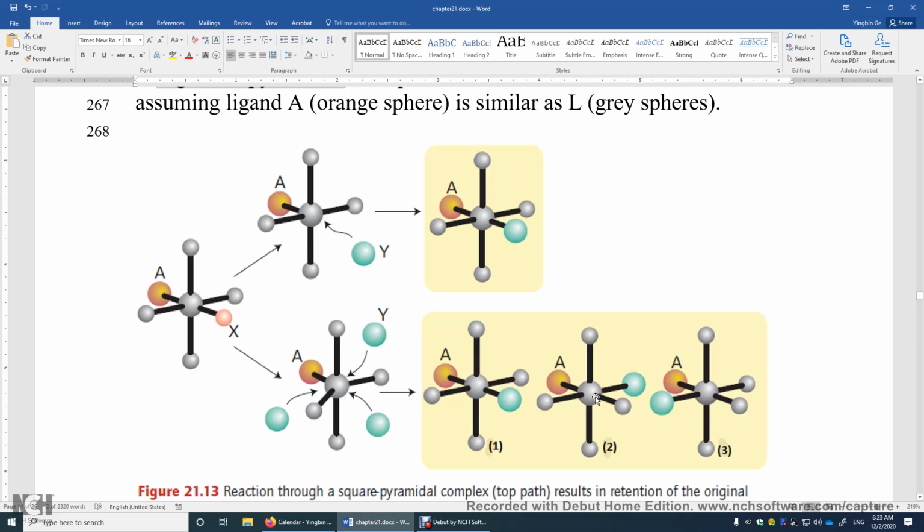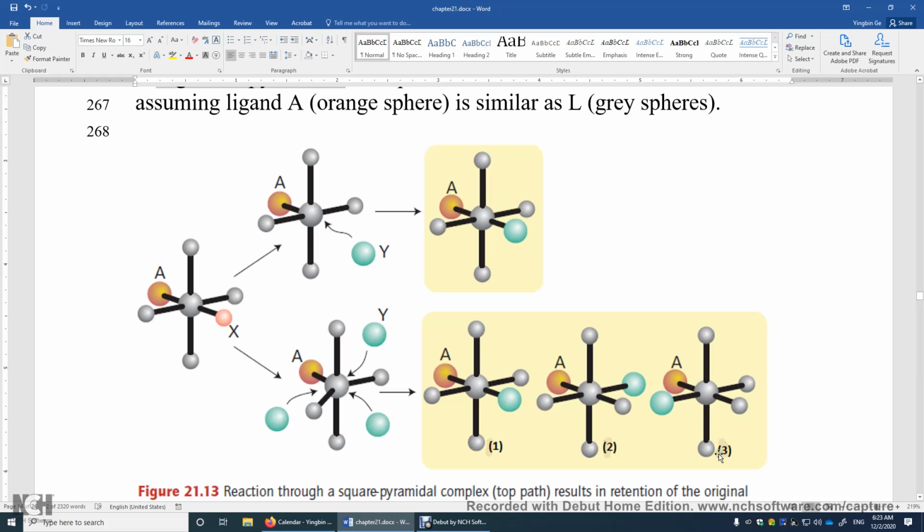S1 means you rotate 360 degrees followed by a reflection. It's equivalent to a sigma symmetry plane. And as long as a structure contains an S1, S2, S3, or any Sn symmetry element, this structure is achiral. So these two are achiral. They are not enantiomers. They are just identical structures.